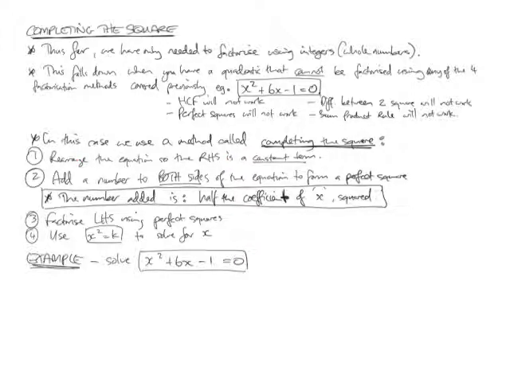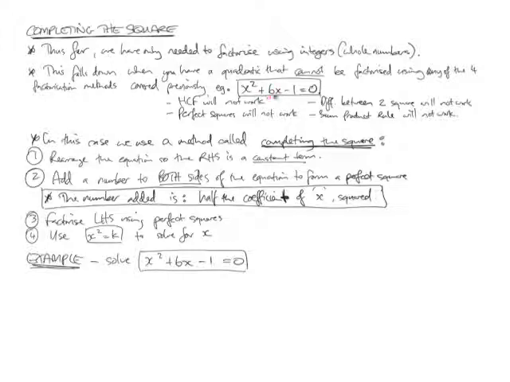Then you need to add a number to both sides of the equation to make the equation a perfect square situation. Obviously that number could be any number, but it's not that ridiculous. There is a way of working out whatever this number is. The number you add is half the coefficient of x, squared.